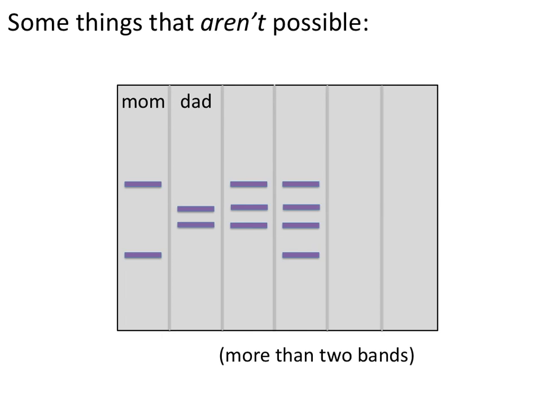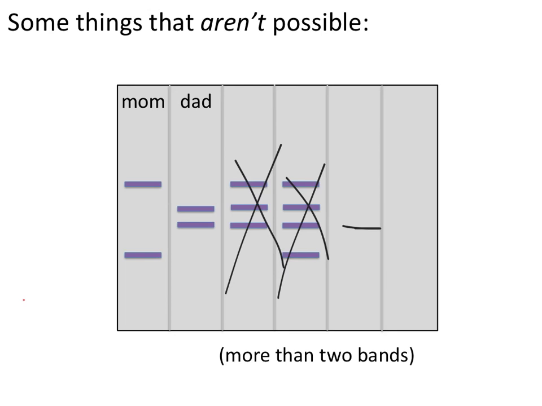Remember, each person has 2 bands, one from mom and one from dad. So you can't have 3 bands, nor can you have 4 bands. Okay? Nor can you just have 1 band.